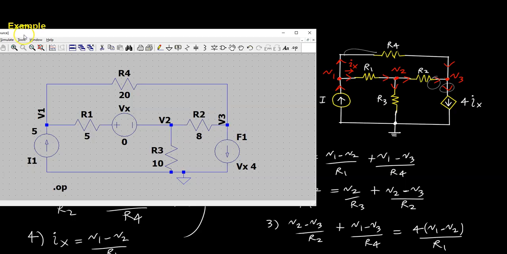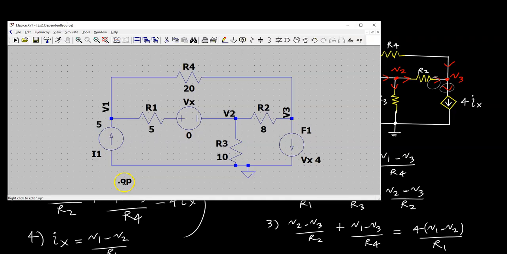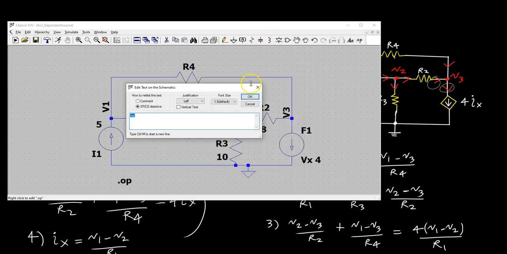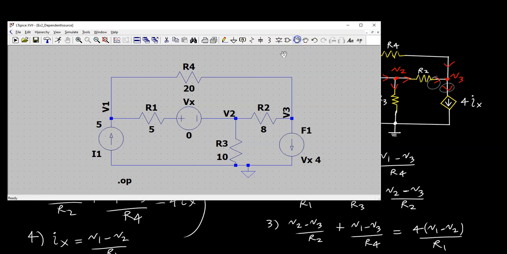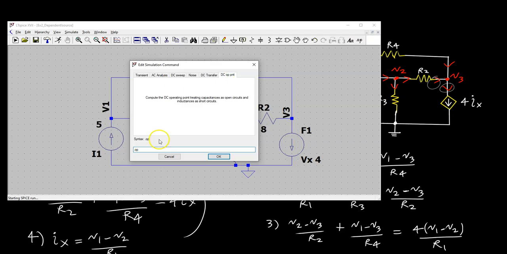I'm going to save this, and I've applied a DC operating point simulation here. And the way you do that is, let me go ahead and delete this. I'm going to go to that moving hand and delete. Actually, you can just press delete and click there. I'm going to go to run and click on DC operating point.